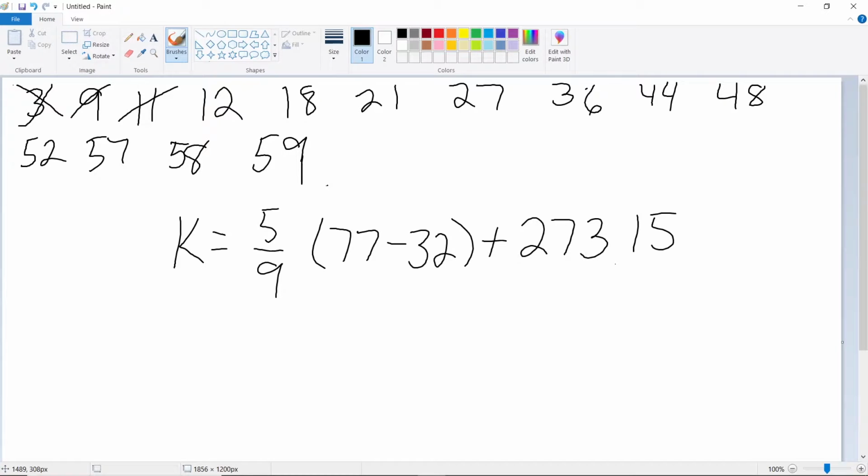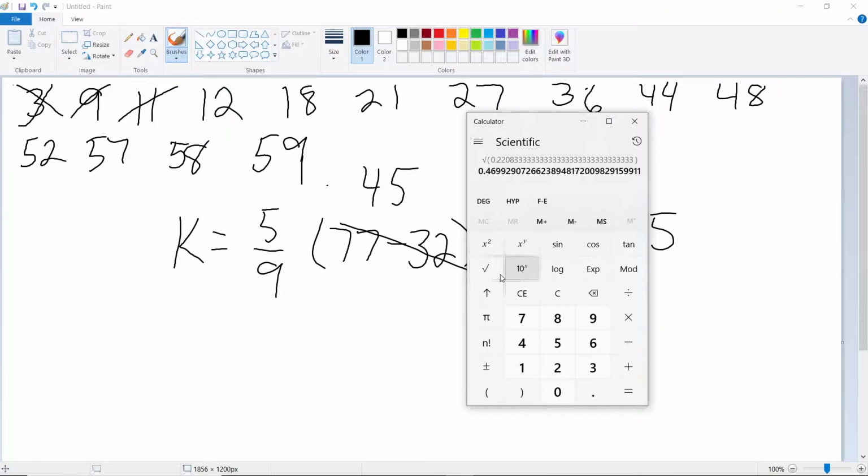And this is going to be another calculator. 77 minus 32, I believe, is 45. 5/9 of 45. Let's do it on the old calculator. 5 times 45 divided by 9 is 25 plus 273.15. Isn't that something that came out exact?